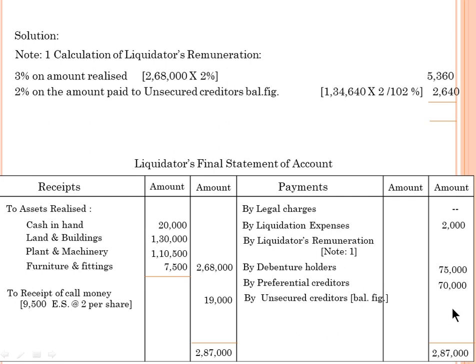How much balance do we have here? 1,34,640. Sufficient or insufficient? It is an insufficient amount.